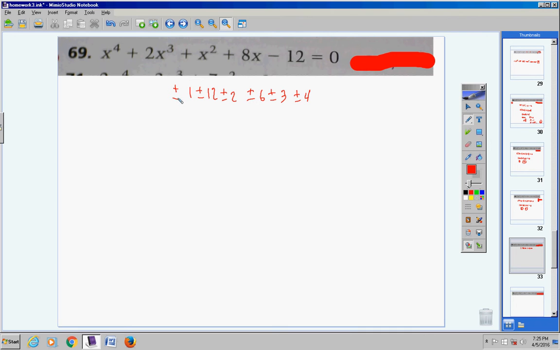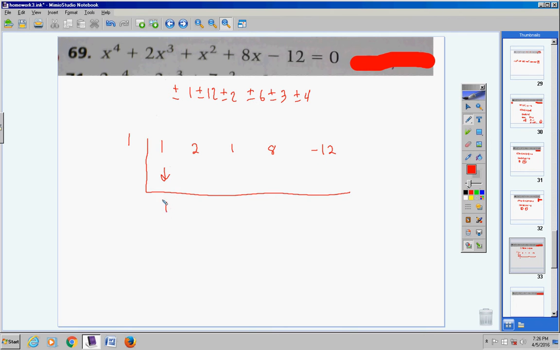So here we go. I'm going to try positive 1 first. I always start with my smallest numbers and work my way up. So I've got a 4, 3, 2, 1 constant term, so I'm not missing any numbers. I've got a 1, then 2 as a coefficient, then 1, then 8, then negative 12. Count your numbers: 5, 4 plus 1 is 5.